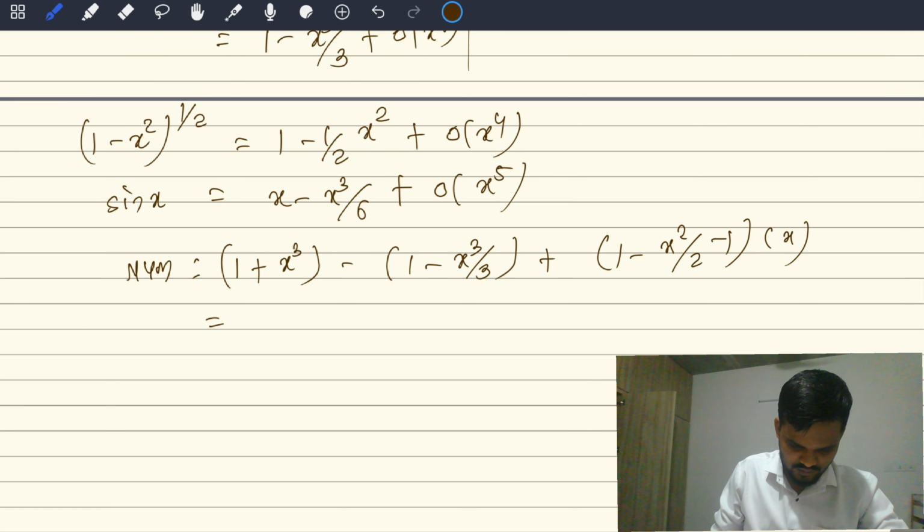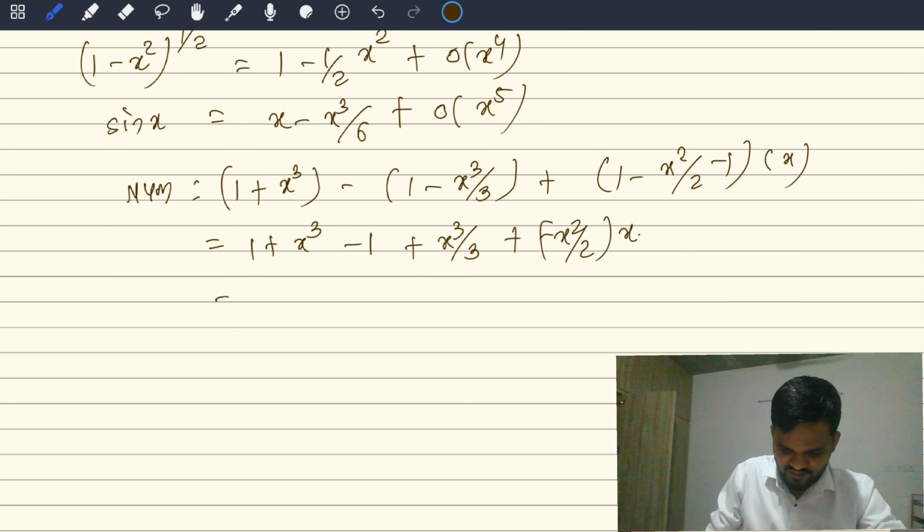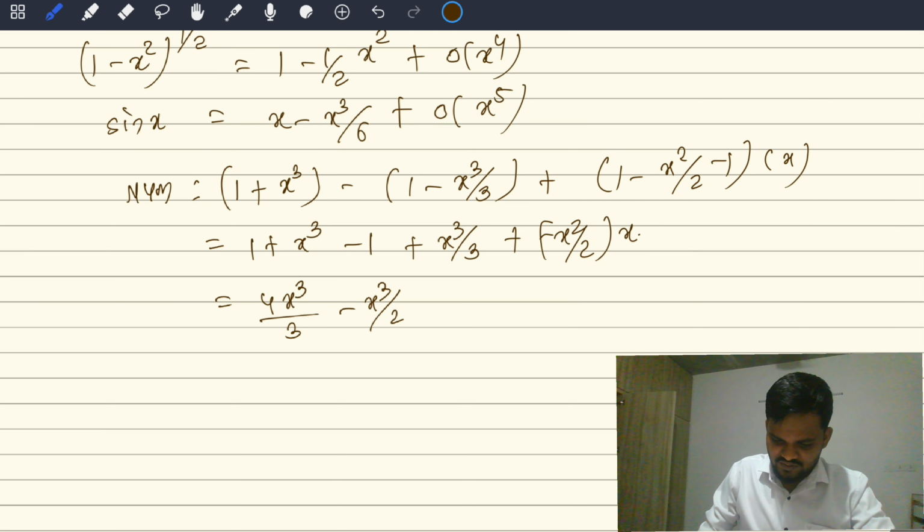This is nothing but 1 plus x cube minus 1 plus x cube by 3 minus x square by 2 into x. This is nothing but 4x cube divided by 3 minus x cube by 2. This is nothing but 5 by 6 x cube.